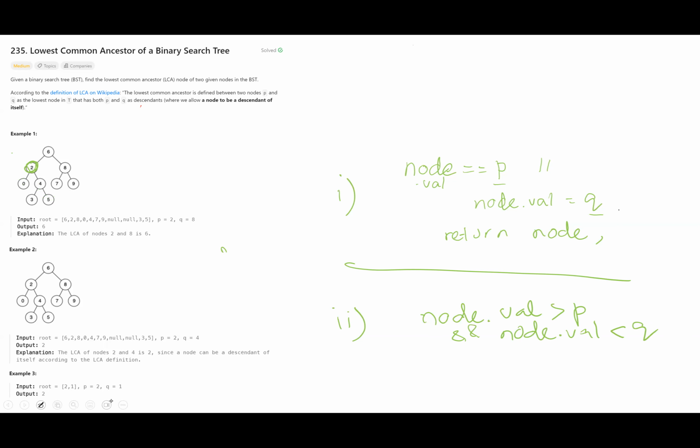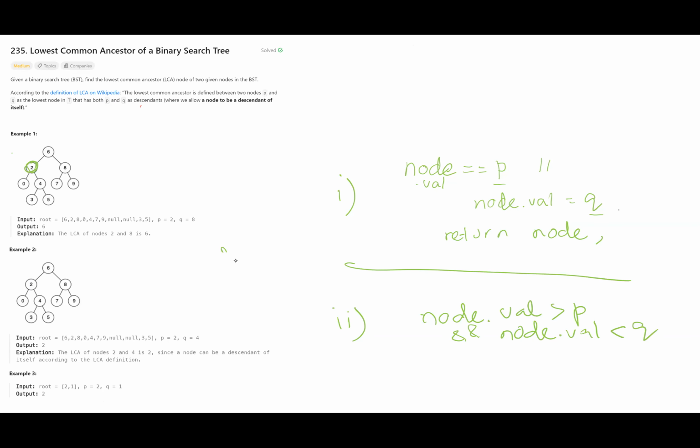So let's draw this. Somehow I reached this node.